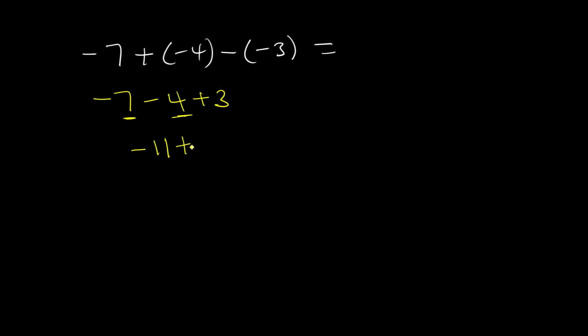So this will be -11 plus 3. This one is +3 and this one is 11, so when you deduct, you still get negative. So -11 plus 3 is simply -9. Sorry, -8 rather. All right, so -8.